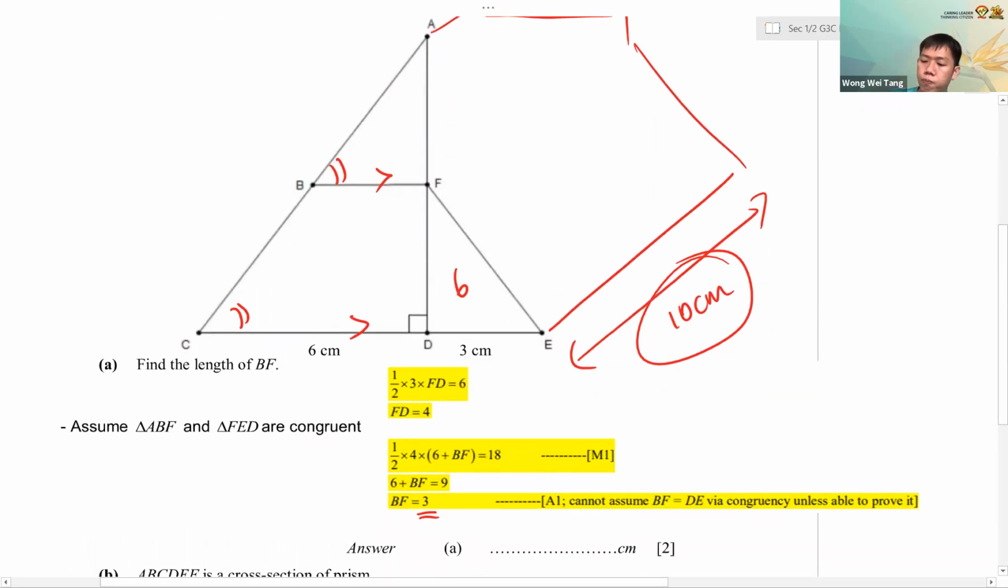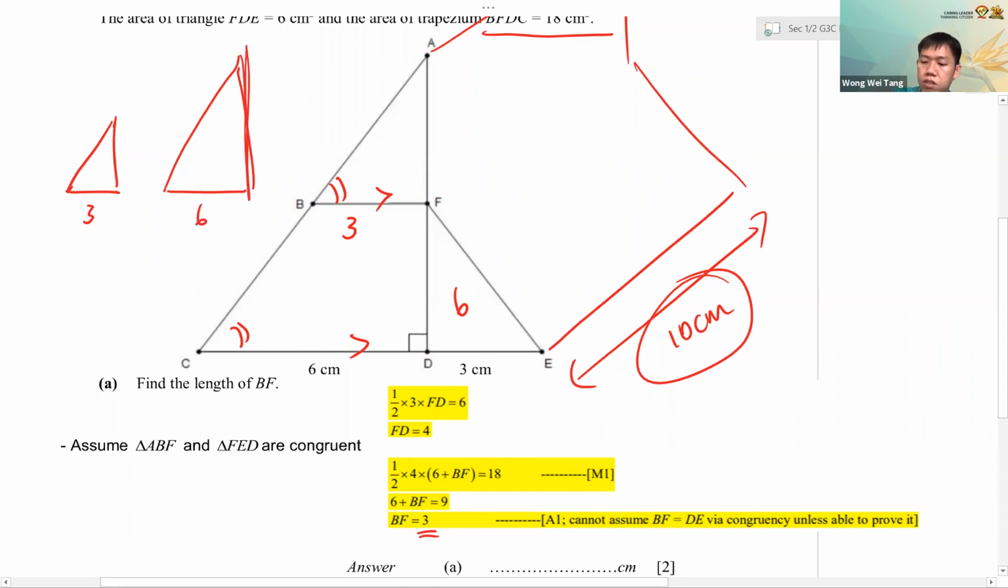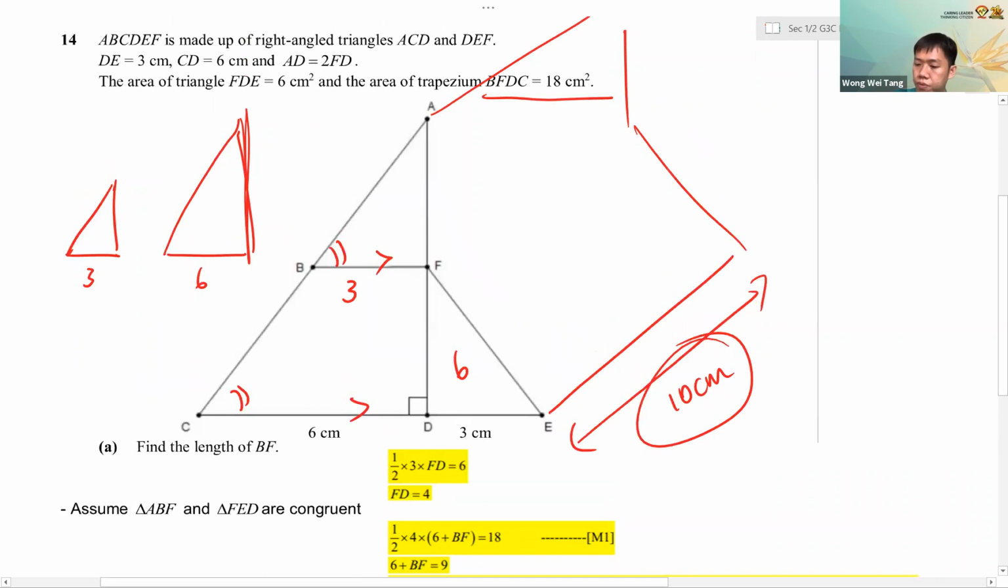Now, since they are similar triangles, I'll draw them out separately. This is the small triangle with a base of 3, and we have a bigger triangle with a base of 6. So we know that they are double.